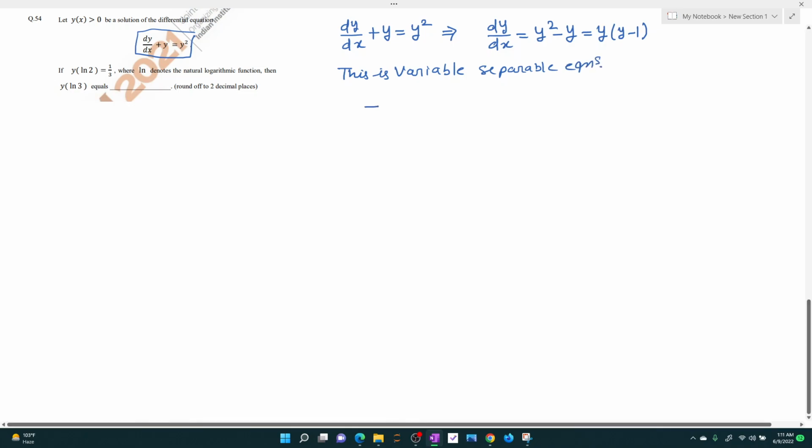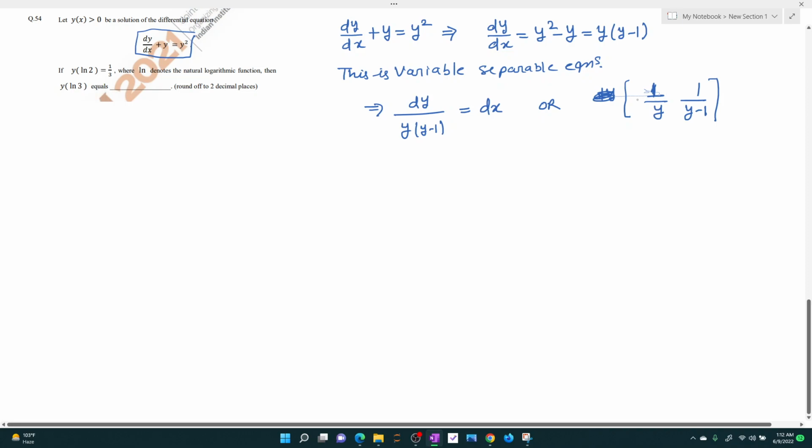So this can be rewritten as dy divided by y times (y minus 1) is nothing but dx on the other side, right? Or this can be written as, let me check the sign as well, 1 upon y minus 1, right?